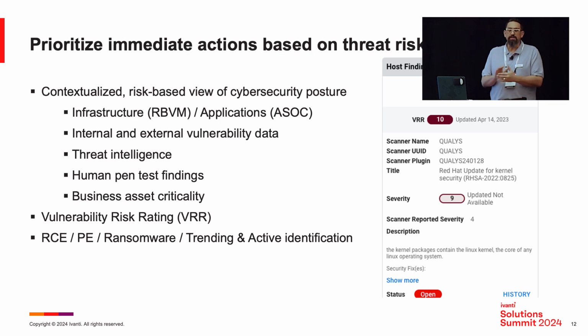What goes into that is threat, malware exploits, and any trending findings against it. Based on all those factors, we either increase that score or even in some cases decrease the score, right? Not everything's a 10, but if there's stuff attached to it, ransomware, RCEs, PEs, et cetera, then we're going to bring that up higher.